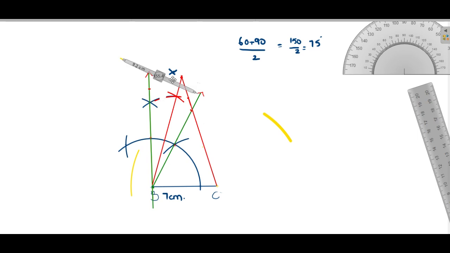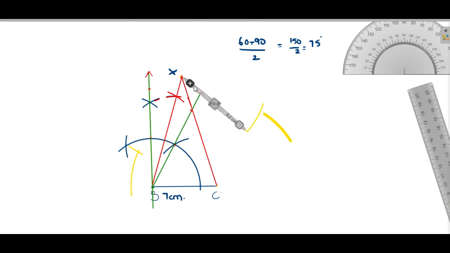Now we will place the metal pointer at X and, without changing the radius of the compass, draw another arc intersecting the previous arc.